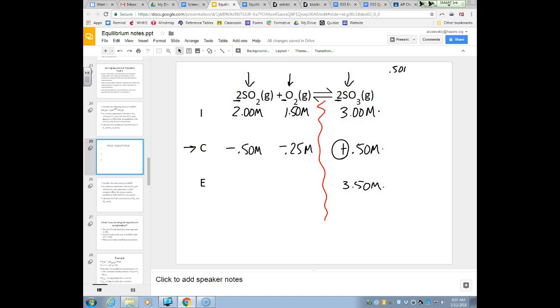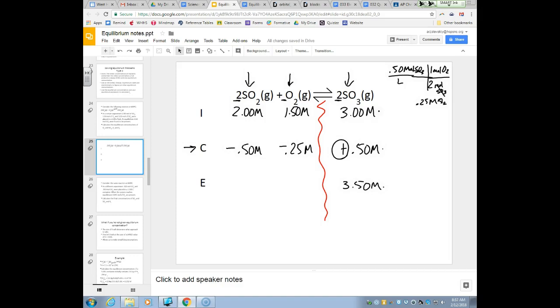If I have 0.50 molar, or again moles per liter, of SO3, for every 2 moles of SO3, 1 mole of O2 had to be used, and I'm going to end up losing 0.25 molar O2. Okay, so now I have my change.